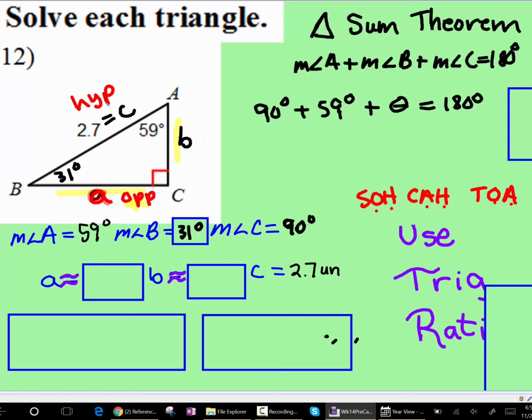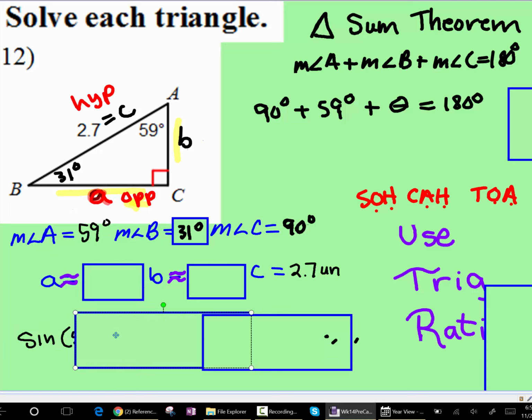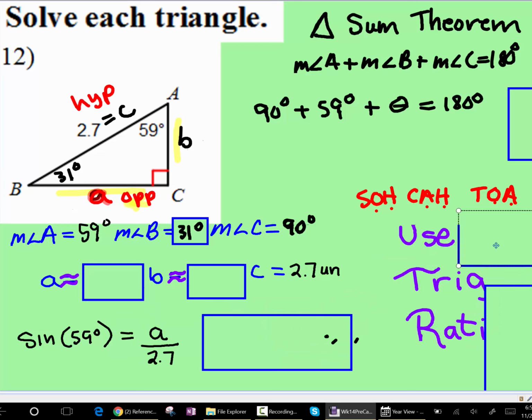Well, we have opposite and hypotenuse, so we're going to use the sine of 59 degrees. So that's what I did. Sine of 59 degrees is equal to the opposite, or a, over 2.7.